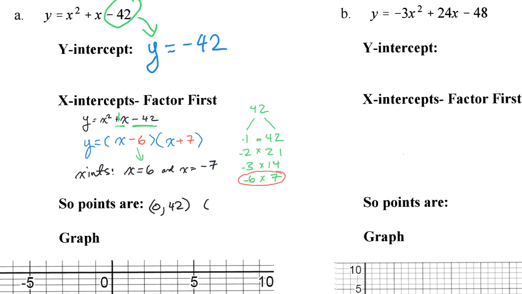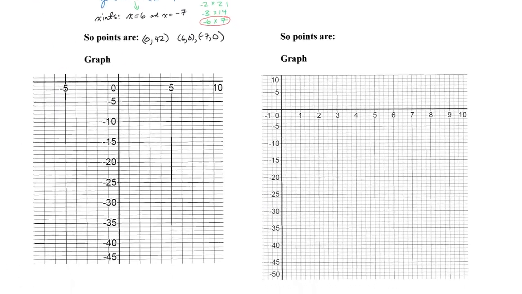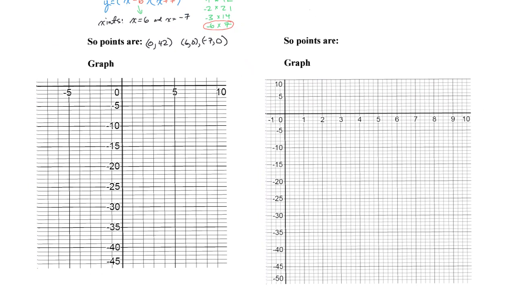Now for the second point, i.e. the x-intercepts, we're going to have 6, 0, and negative 7, 0 for our points. Now, we're going to use our graph to help us plot our points on the graph.